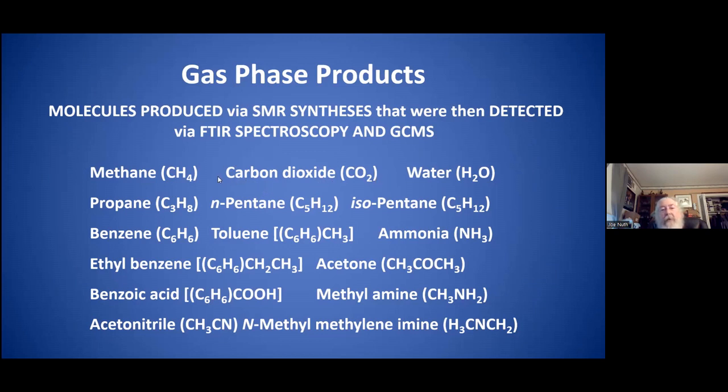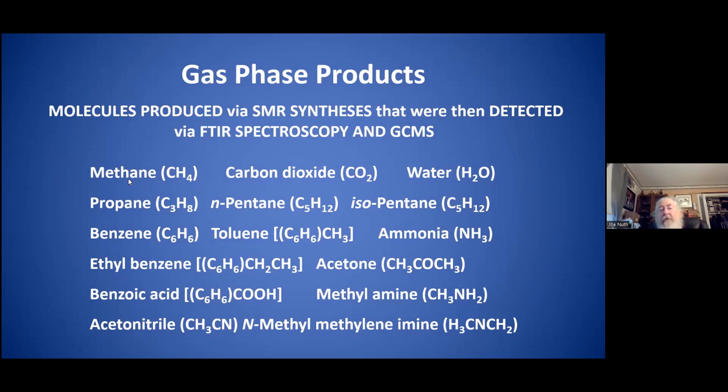So about 30% of the carbon actually went into the solid carbonaceous material that we saw, that macromolecular material, and about 50 or so percent went into a whole range of hydrocarbon materials, hydrocarbon in the generalist sense, obviously things like ethylbenzene, acetone, and benzoic acid, which are much more complex.